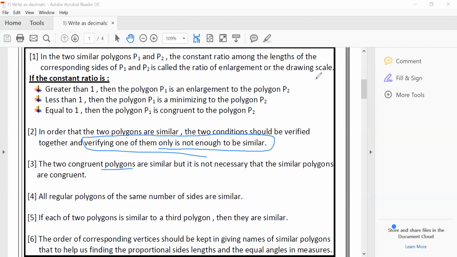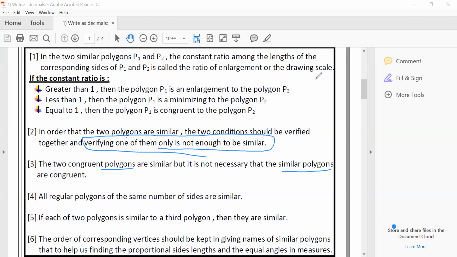But it's not necessary that similar polygons are congruent. As we see here, maybe I have the ratio of enlargement greater than 1, maybe smaller than 1, maybe equal to 1, and when it is equal to 1, it will be congruent.